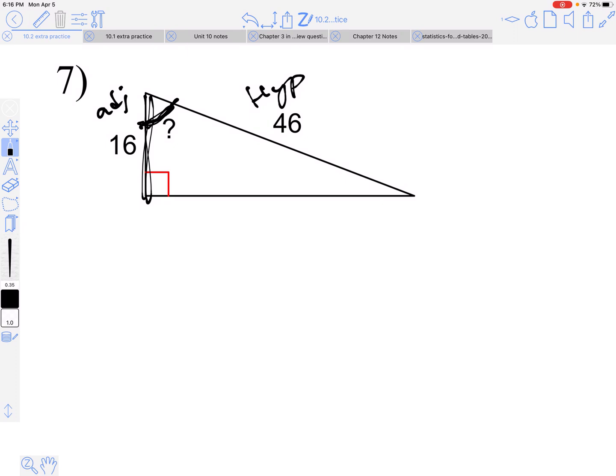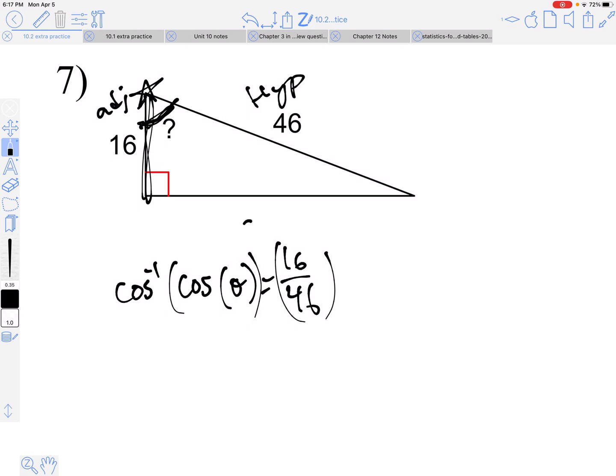This one I'm going to have to use adjacent and hypotenuse, right? I'm going to have to use cosine of theta, which gives me 16 over 46. And so I'll apply the inverse. That cancels out.